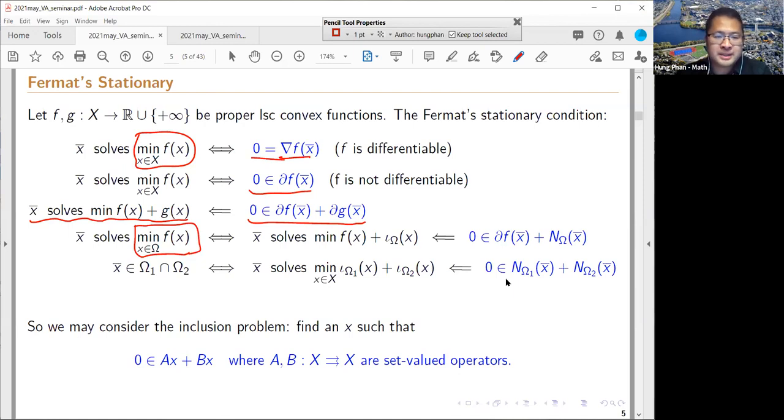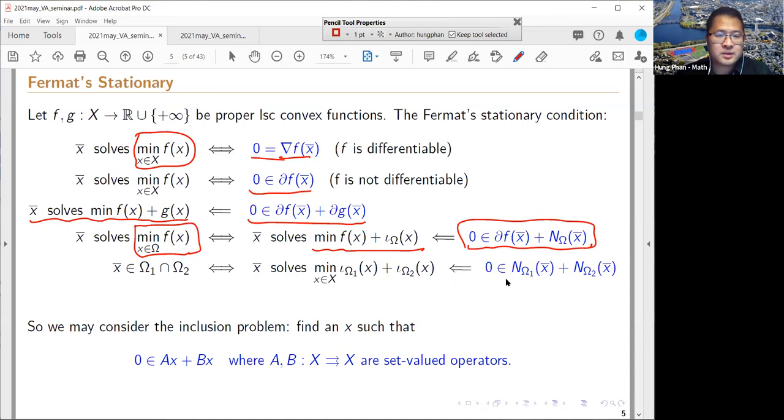In order to minimize this problem, we convert it into the minimization of a sum of two functions. One is the function f, and the other is the indicator function of the set omega. Again, we use the Fermat stationary condition. We will try to find a point x bar that is a solution to this inclusion: 0 belongs to the subdifferential of f at x bar plus the normal cone of omega at x bar.